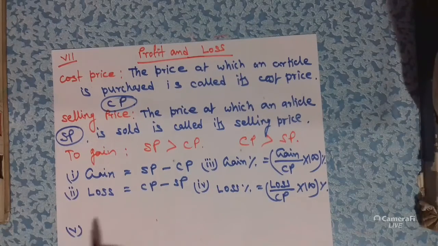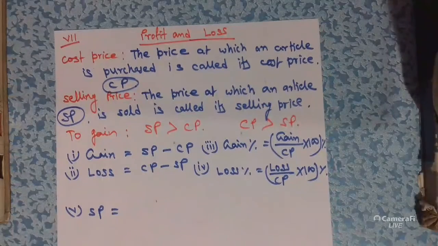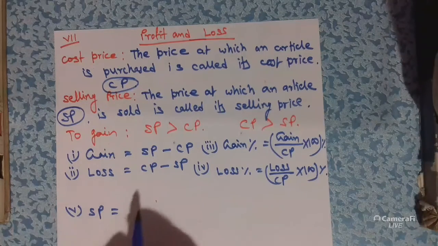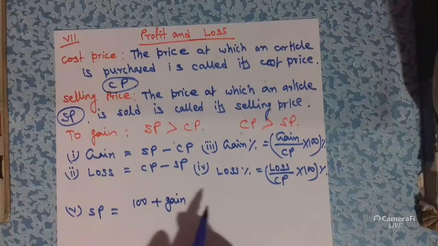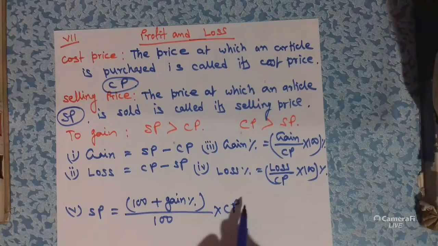Now to find SP. Students, when CP and gain are given, I repeat once again, when CP, that means cost price, and gain are given, then we must use this formula to find the selling price, that is 100 plus gain by 100 multiply CP.